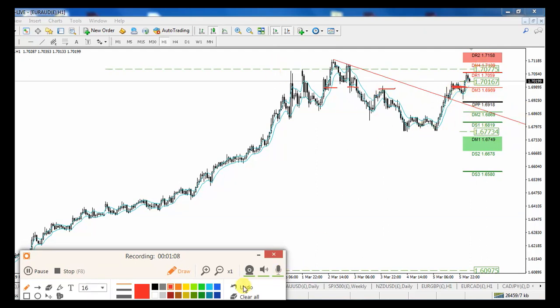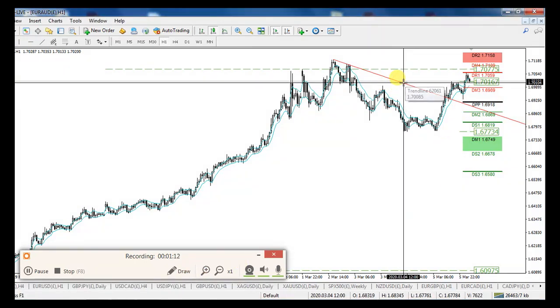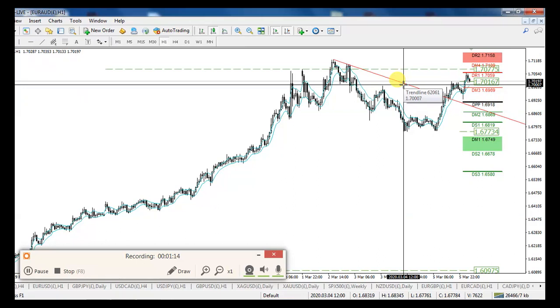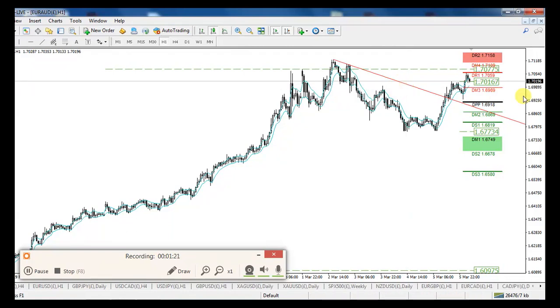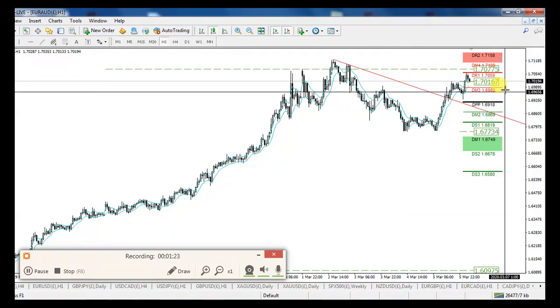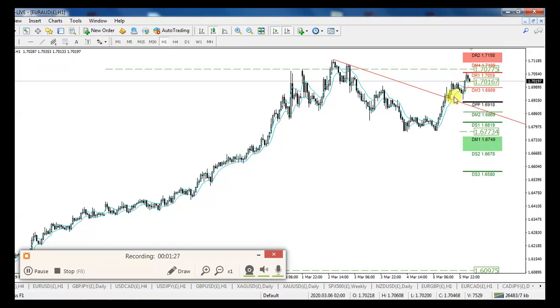So this is the strongest support, but I would give it a shot at that 170.00 area, and if it doesn't work, then the second entry will be at 169.85. For this one, I'm probably going to need around a 20 pip stop, because this currency moves a lot.